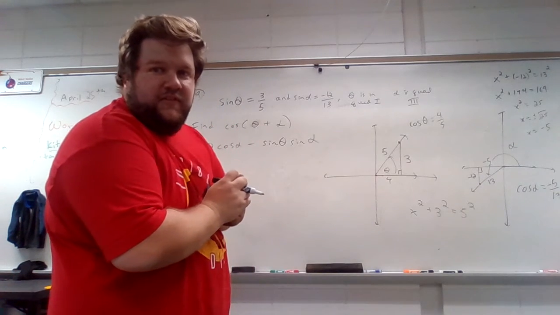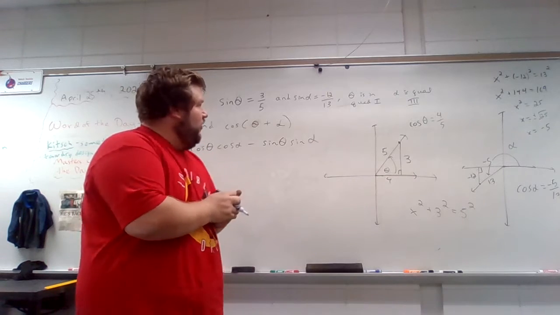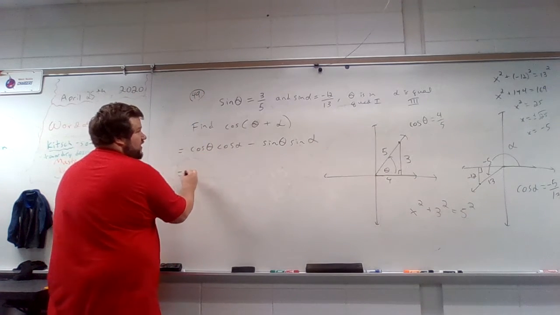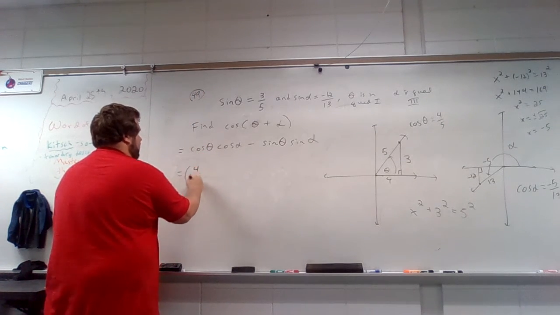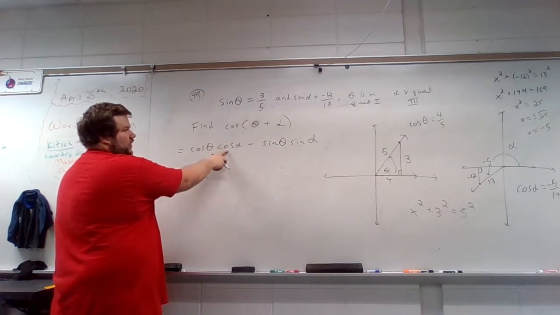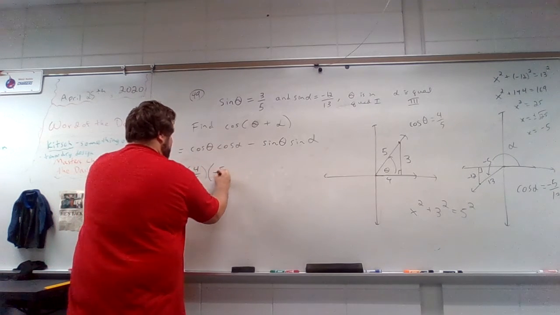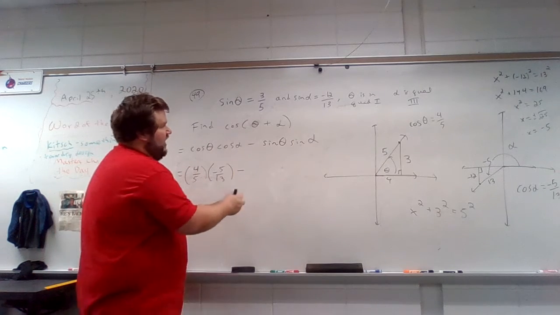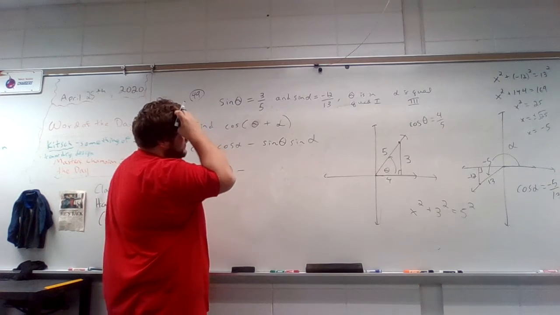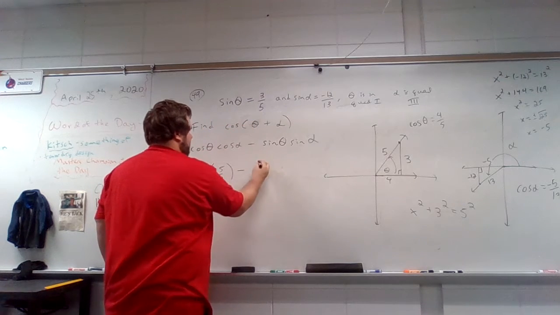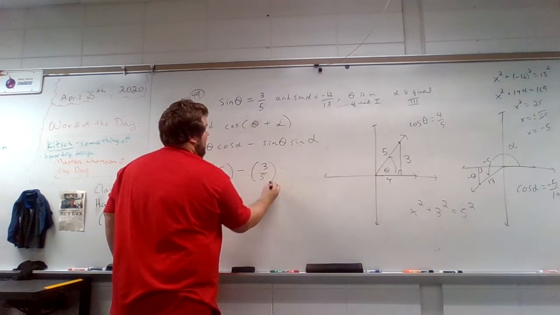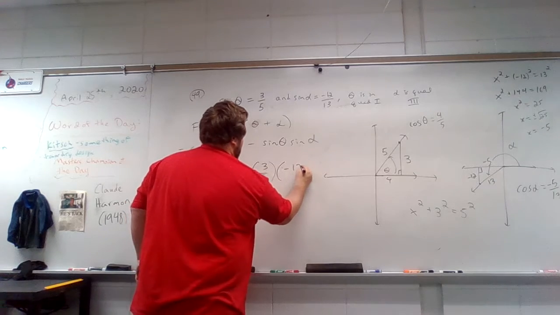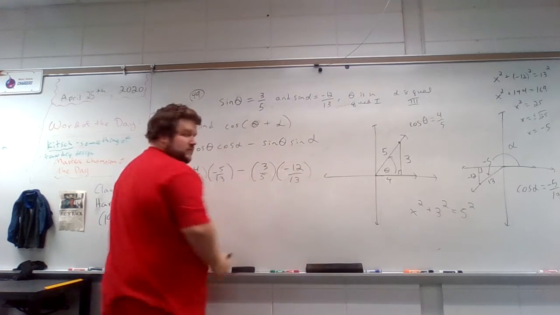Cosine of theta is 4/5. I plug all those values in. So cosine of theta was 4/5. Just plug 4/5 in for cosine theta. Cosine alpha is negative 5/13. Okay, sine of theta was up here. That was 3/5. And sine of alpha was negative 12/13. So I plug all that stuff in.